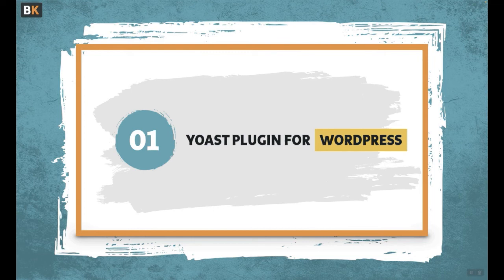They do have a free version of this, and it is a great plugin because it helps you assess readability, and it will tell you if your post or page is optimized for SEO, and if it's not, it'll tell you what to do to fix it. It'll also allow you to set the meta description for your page and give you pointers on how to make the SEO for your post or page better.